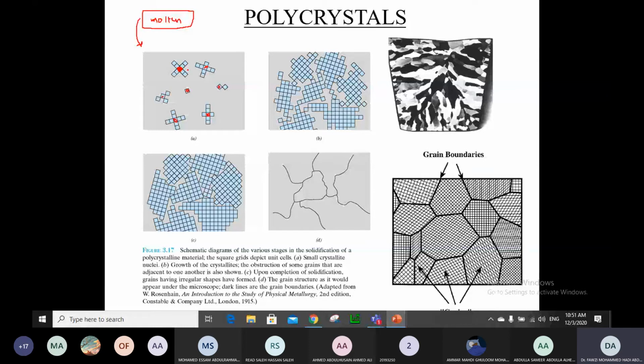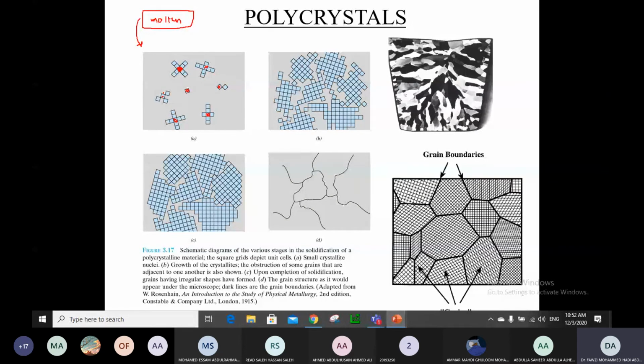And since it did not happen at the same time, in this place, for example, the crystal nucleates and the atoms will be oriented in a certain specific direction. In the second place, where the solid nucleated, the orientation of the atoms will be different from that, and the orientation of the atoms here will be different from those, and this and that.